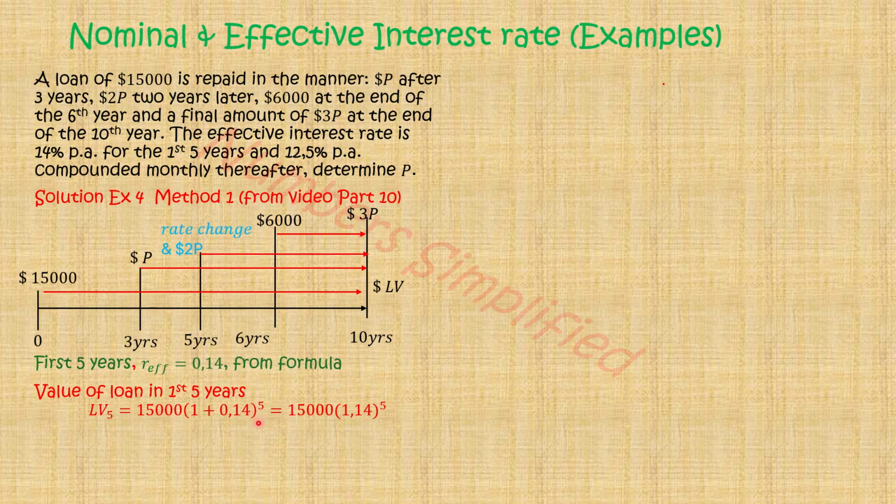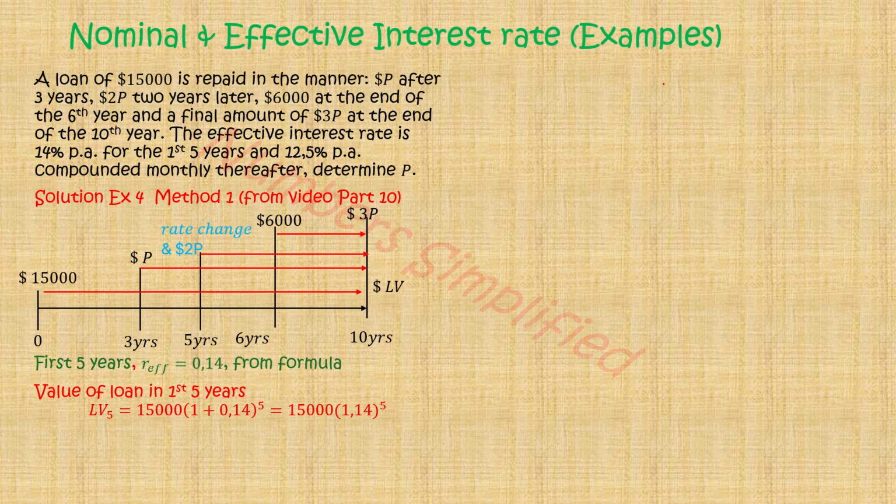And of course, simplifying within the parentheses, we are going to get 1.14 raised to the power 5 times the 15,000. So another method would be to evaluate what this value would be, but let's keep it exact for now. Let's just keep it exact so that we don't start losing out on the accuracy of the values that we're given.